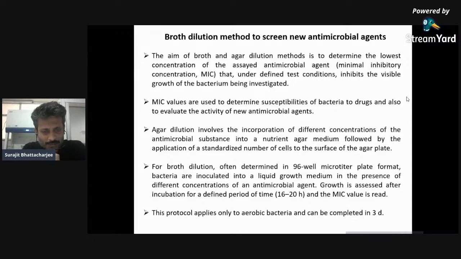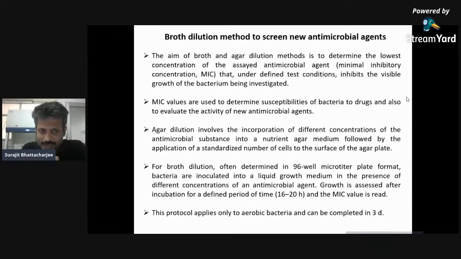The broth dilution method helps us to visualize the growth of bacteria in response to drugs and allows us to evaluate the activity of new antimicrobial agents.